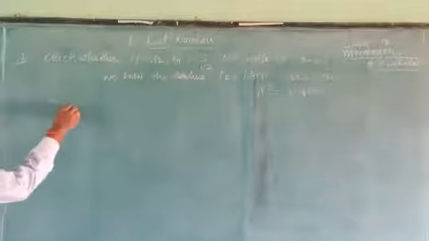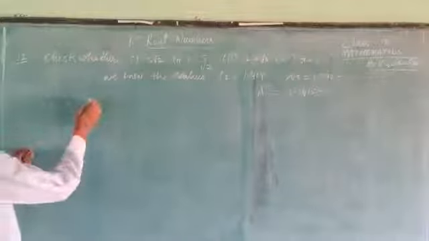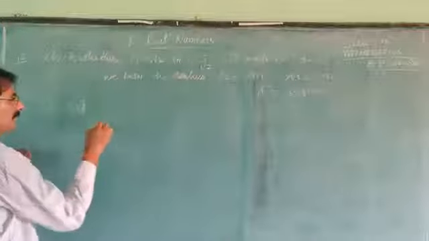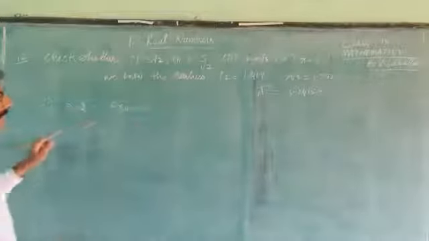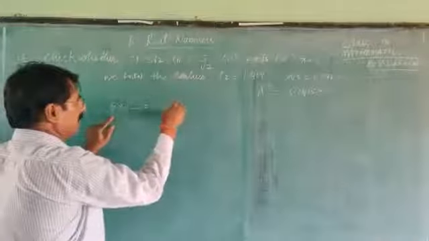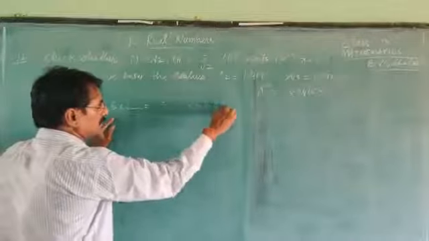Number 1, 5 root 2. 5 root 2 means 5 into root 2. The root 2 value here is 1.414 and so on.